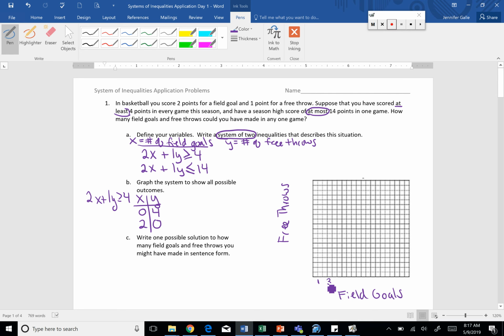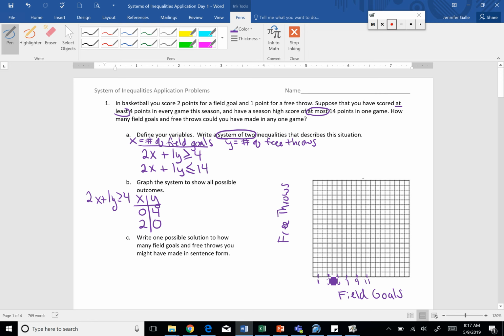So I'm still going by ones, but I'm just labeling every other line because otherwise the boxes are small and the numbers get so crammed it's really hard to read them. So my scale is not going by 2s. I'm just labeling every other line. So it kind of looks like I'm going by 2s, but I'm not. Just want to give you that suggestion.